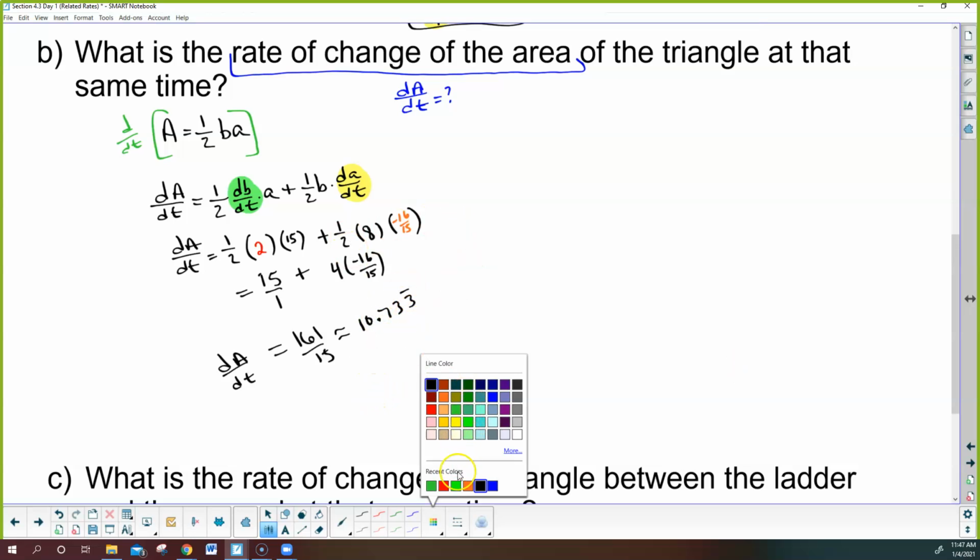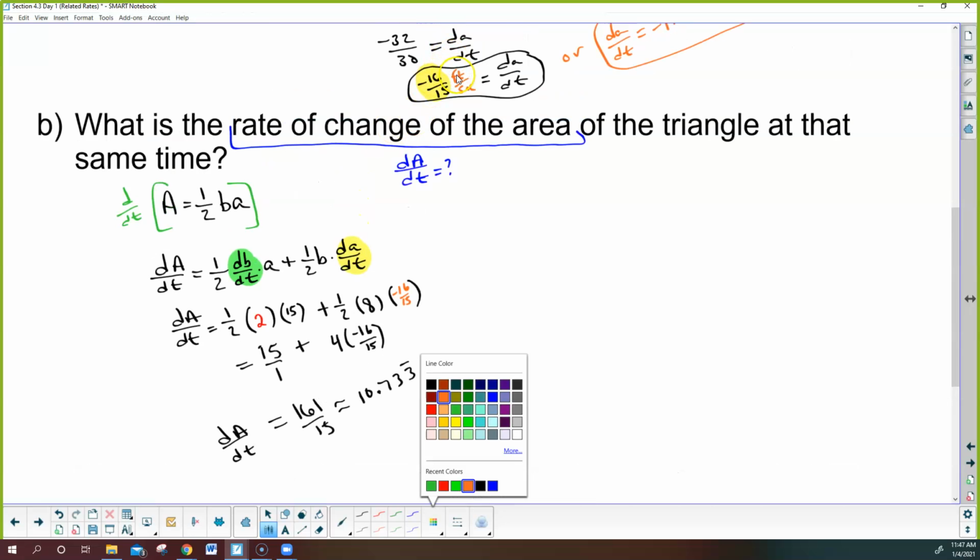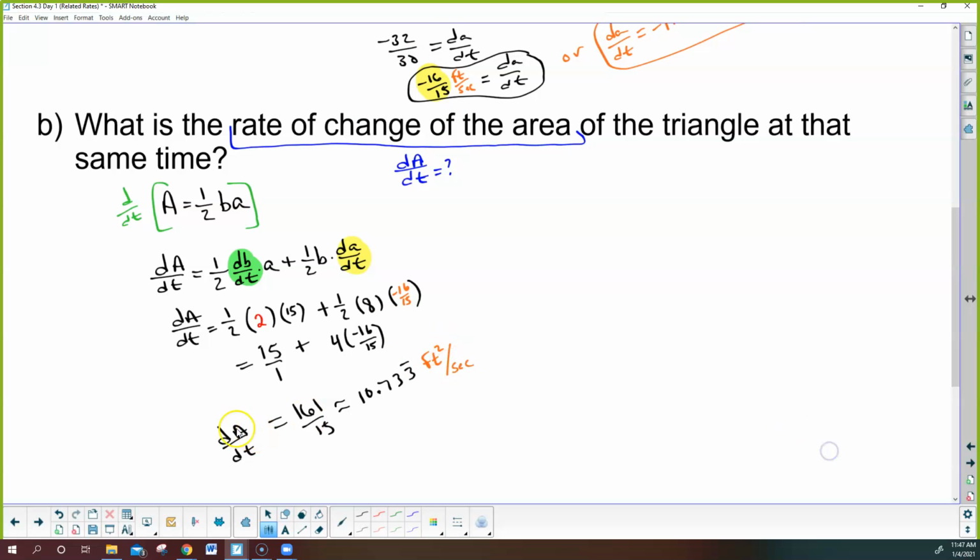And then we should think of our units, right? dA/dt, this is area, and everything was in feet, right? So if everything was in feet, the area is feet squared per second. So you always want to think of dA/dt. What is the units for the area? It's feet squared. T in this case is always time.